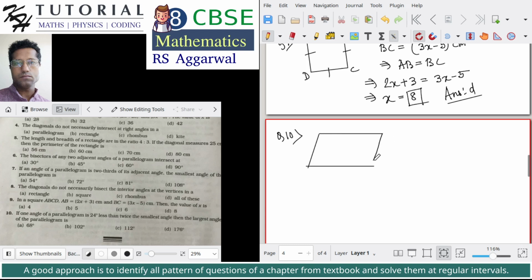Definitely in a parallelogram there are only two different angles, since opposite angles are equal.